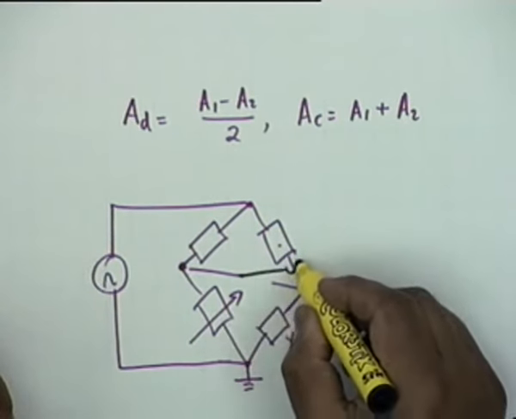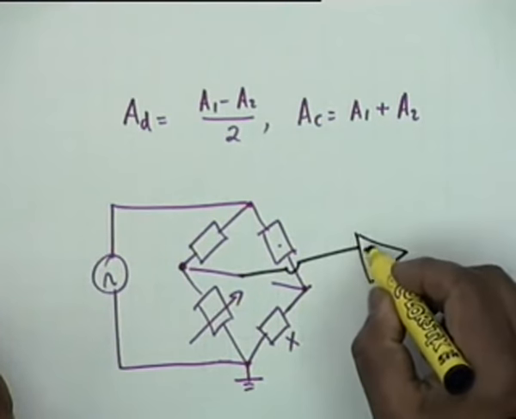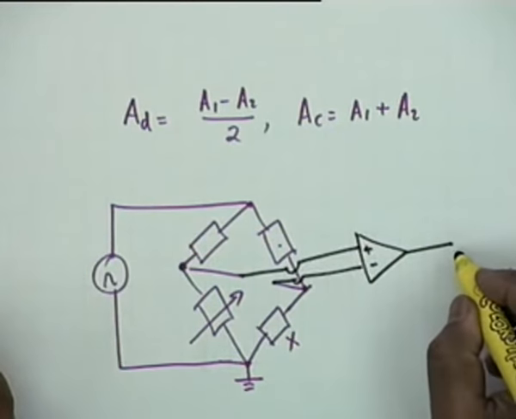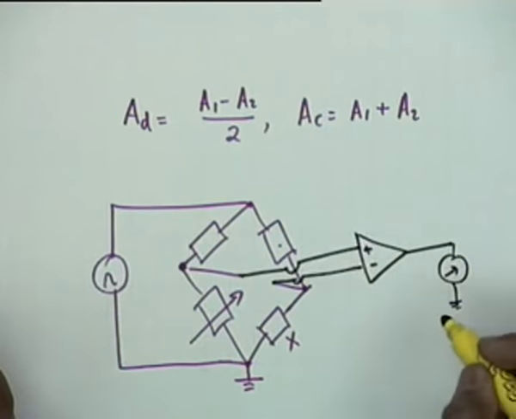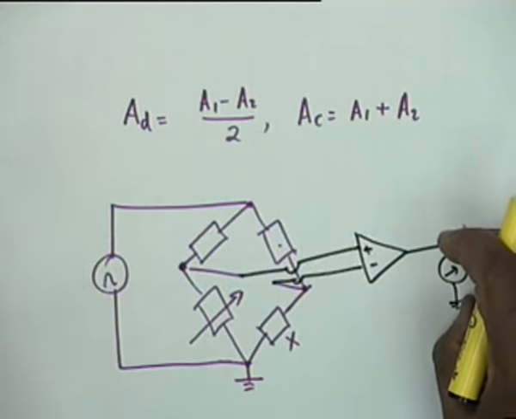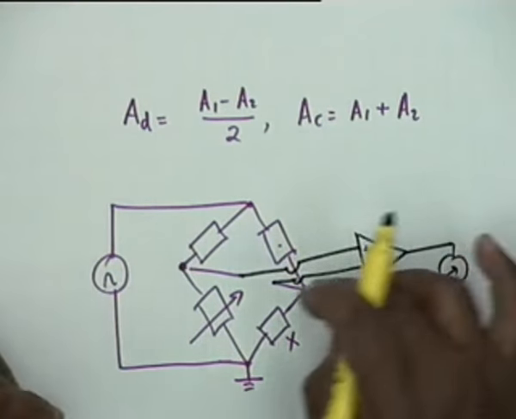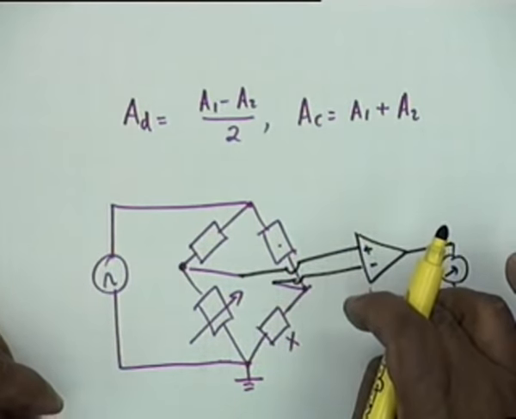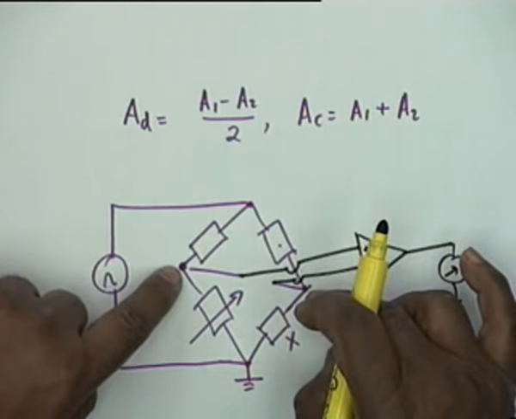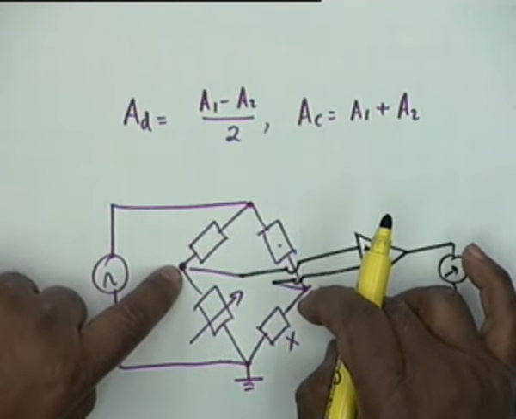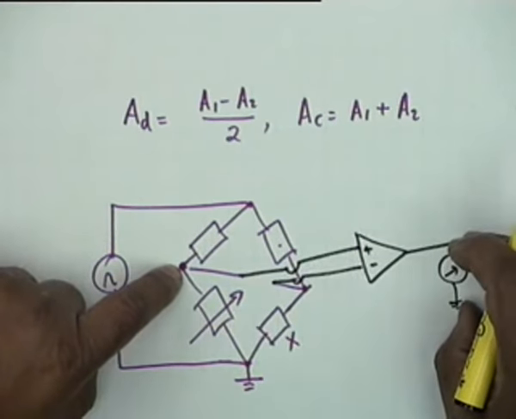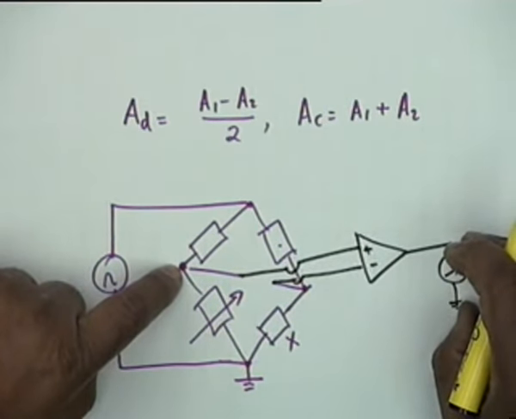So what we do is we apply this to a differential amplifier, and the output we can then measure by means of a meter. The output detector can be connected to ground, one terminal can be connected to ground now, because this has caused a transformation from a balanced voltage, one neither of whose terminals is grounded, to an unbalanced voltage in which one of the terminals is grounded.